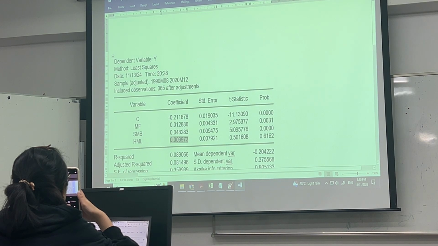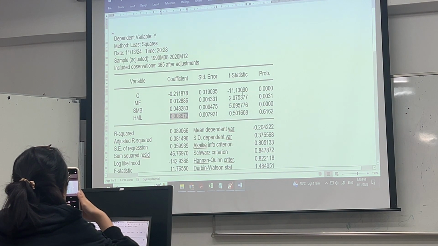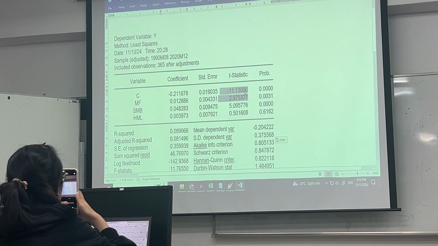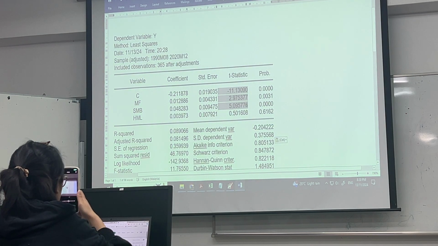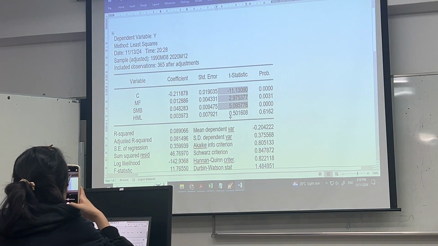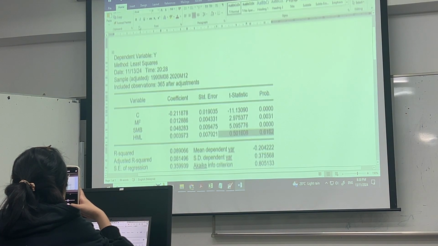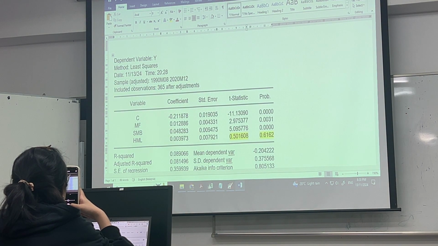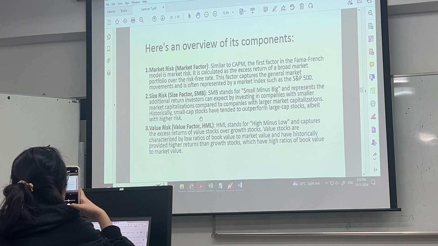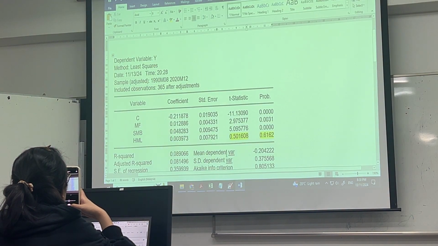As usual, this is a linear equation. Then you can see my test statistics. The constant is significant, and another two factors are significant, but HML is insignificant. HML refers to the value risk, so the value risk is not significant in my case.